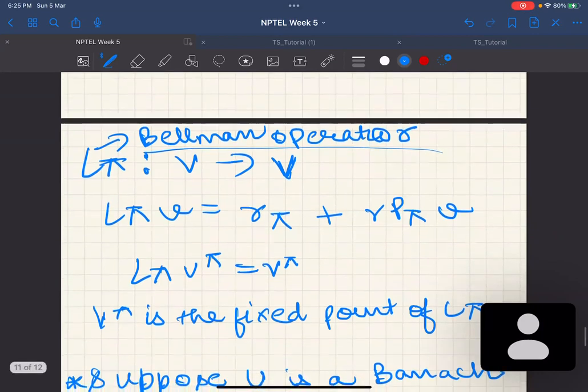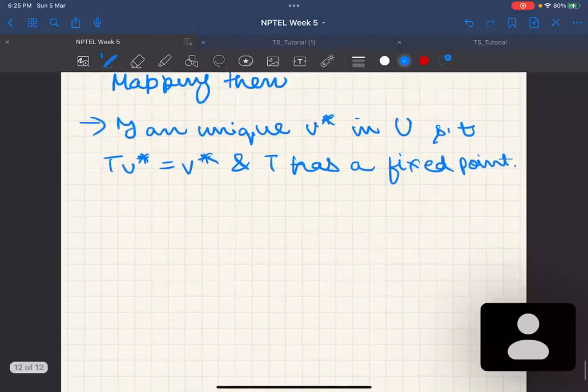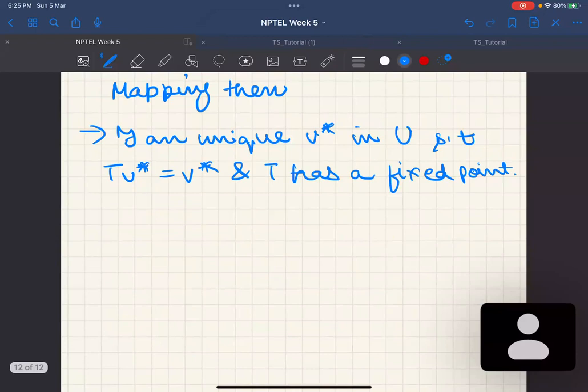That is the fixed point. There exists a unique V star in V such that T V star is equal to V star. If I apply T on V star and go on applying it, it converges and remains the same after some time.